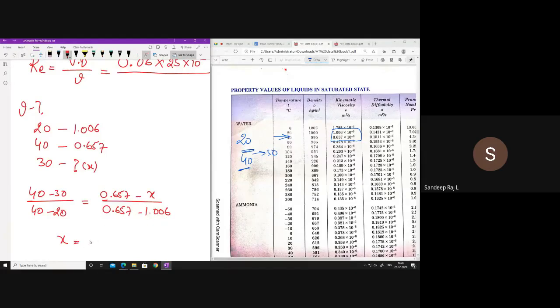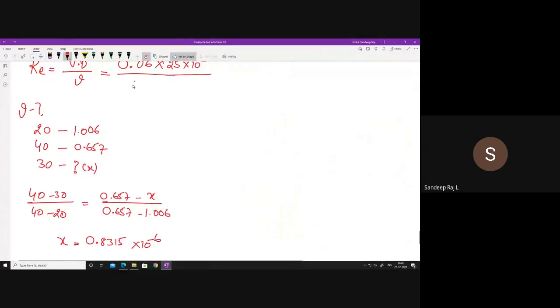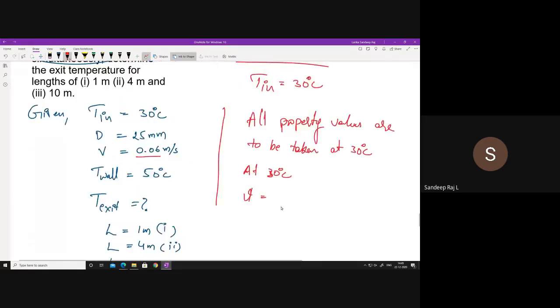Nu value, 0.8315 into 10 to the power of minus 6. That is the nu value. Write this here also: 0.8315 into 10 to the power of minus 6 meters square per second.